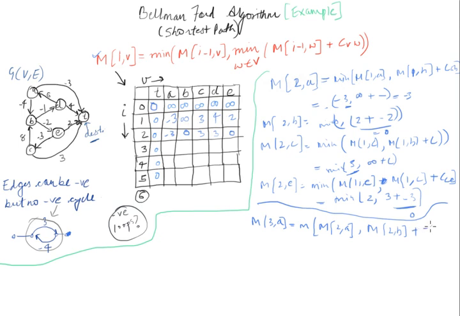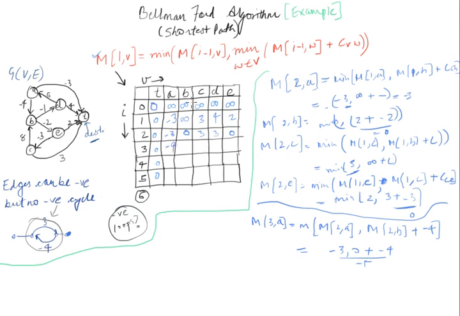Cost AB is minus 4. So this comes out to be M2A is minus 3 and M2B is 0 plus the cost minus 4. So the minimum here is minus 4. This would be minus 4.